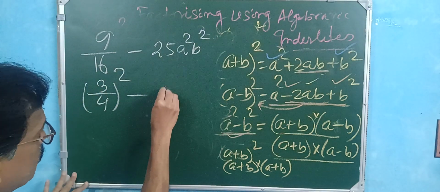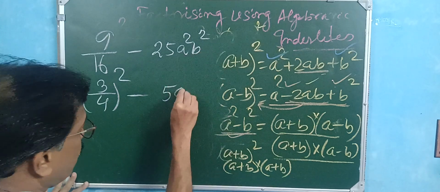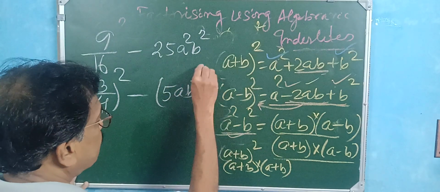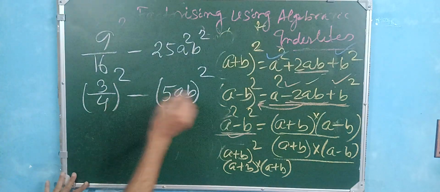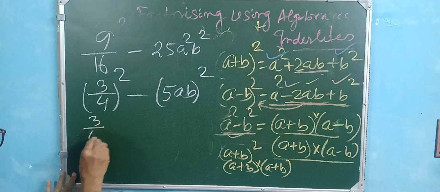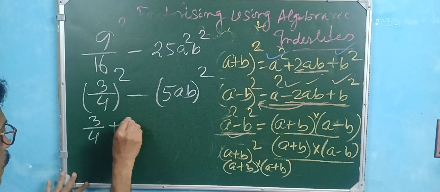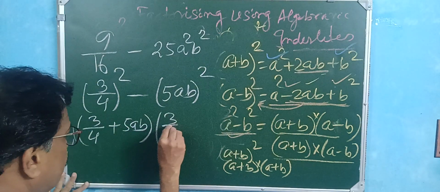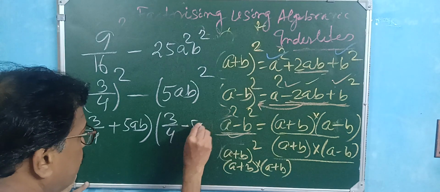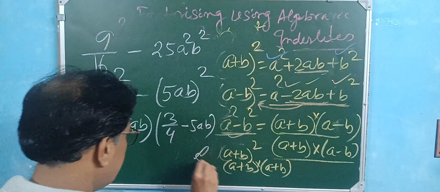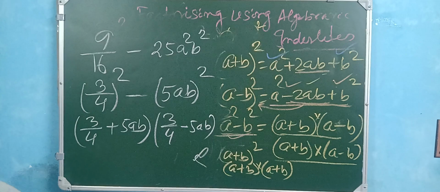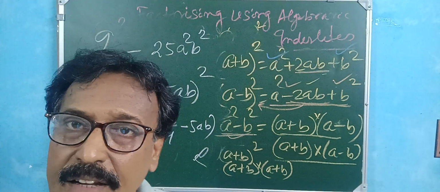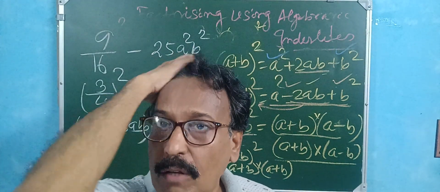Now 25 means 5ab whole square, so ab total in the bracket. So now it is a square minus b square: 3 by 4 plus 5ab and 3 by 4 minus 5ab. The answer is correct. No problem. Clear? So in this way you solve the sum.